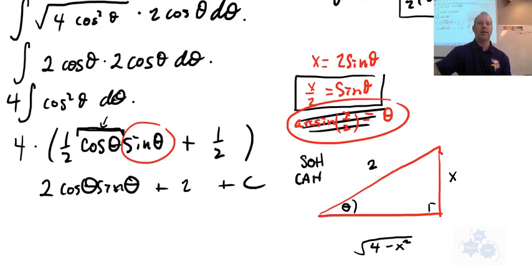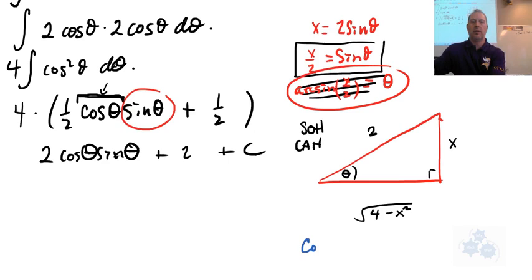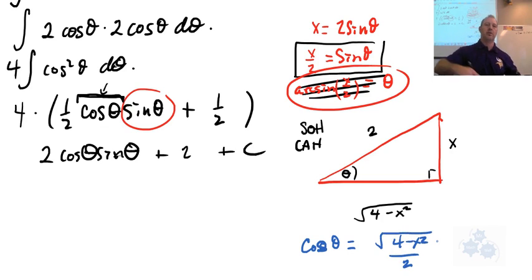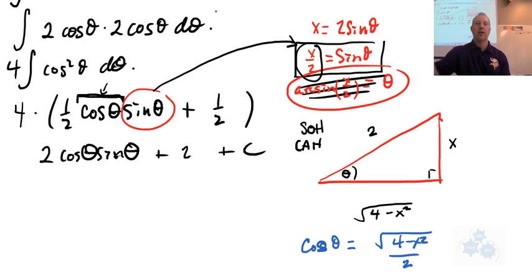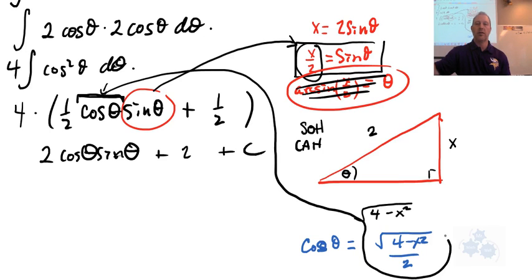So now we know that cos of theta is the adjacent side, which is now the square root of 4 minus x squared, over the hypotenuse. That's what cosine is. So I have sine theta, which you don't even really need to solve for theta down here. We have sine theta right here. And now I have cos theta. It's right here.